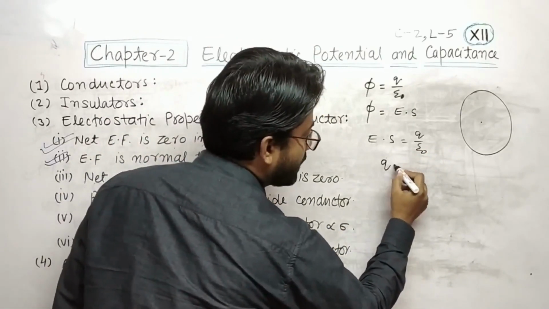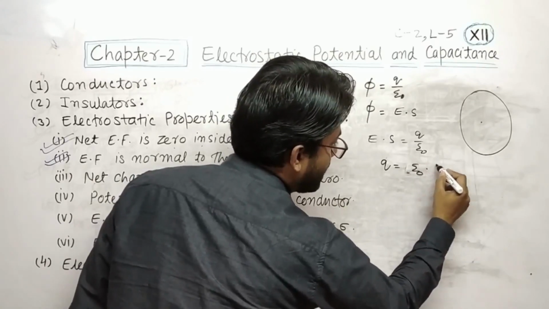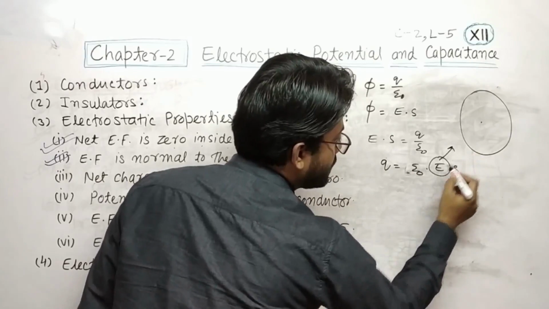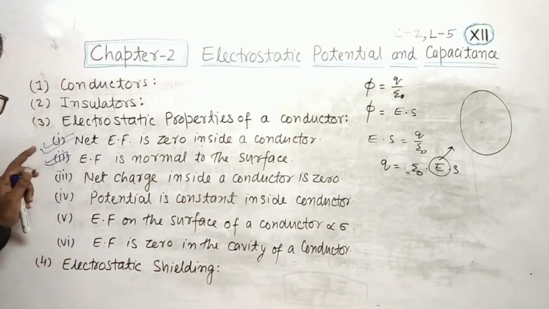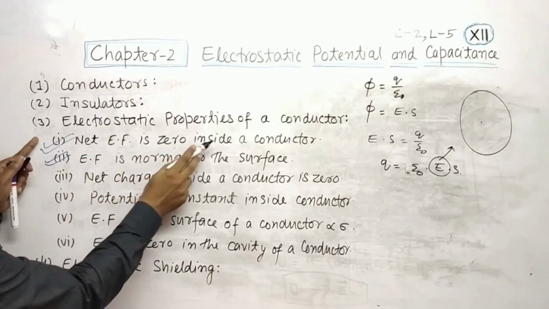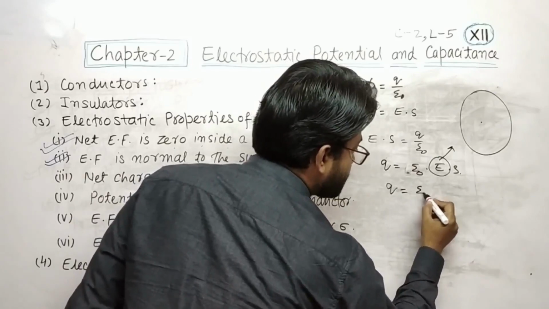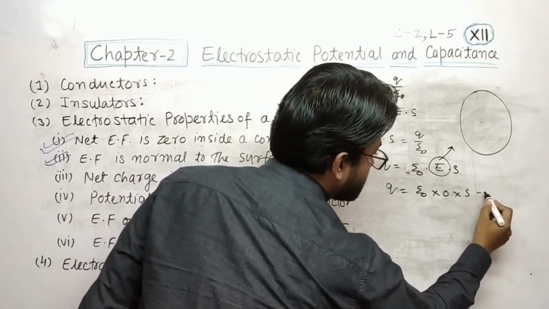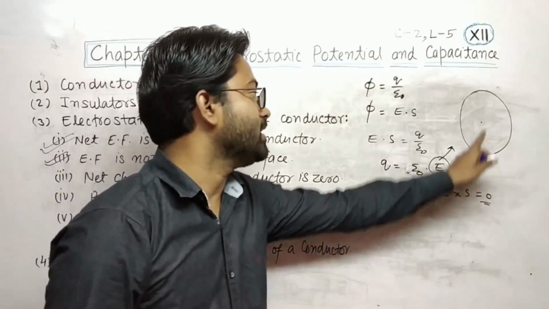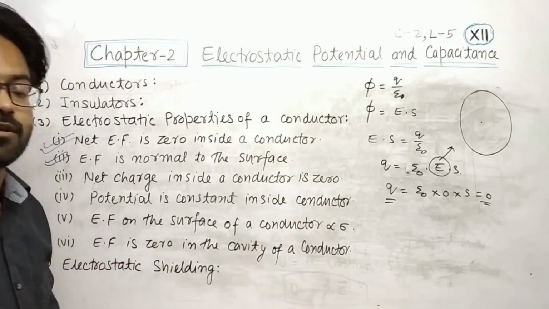We know that Q equals epsilon naught times E into S. If electric field is 0, as we discussed in point number 1, then inside a conductor Q equals epsilon naught times 0 into S, that means 0. We can say that net charge inside a conductor is 0.